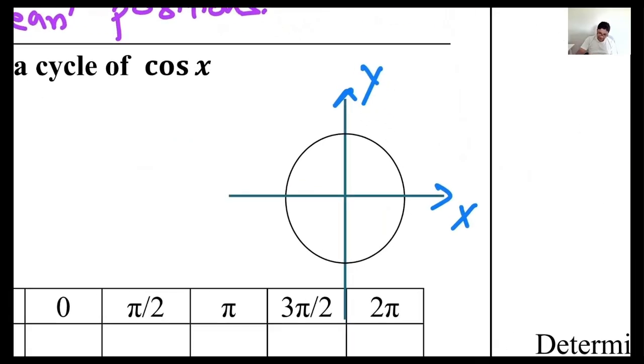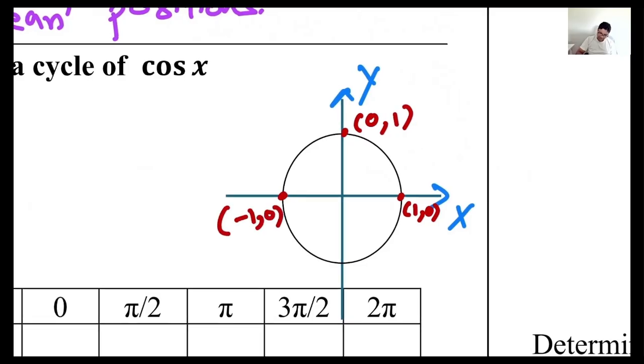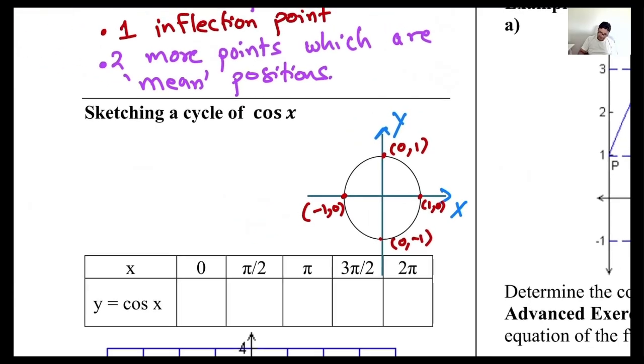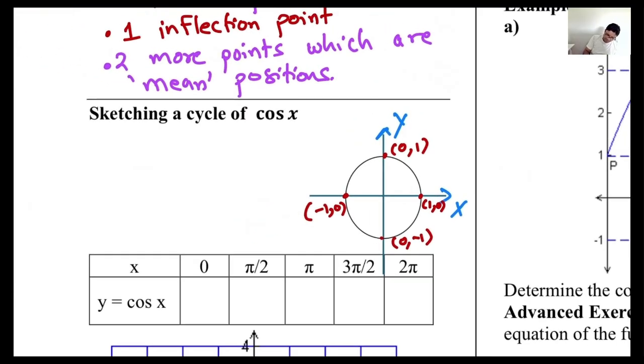Let me quickly write the coordinates 1, 0, 0, 1, -1, 0, 0, -1, and cosine x is the x coordinate in the unit circle.